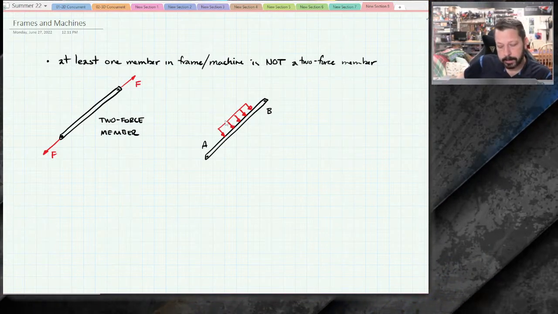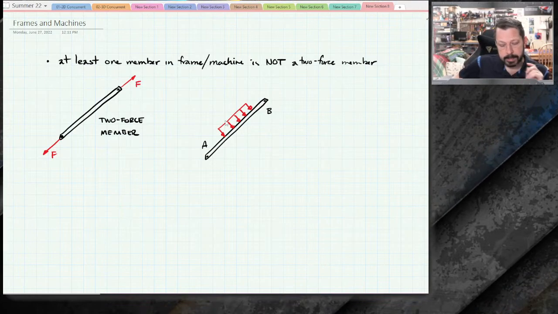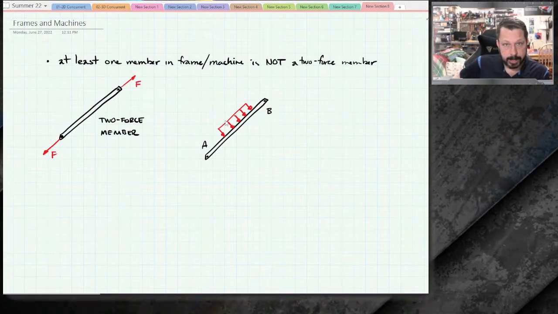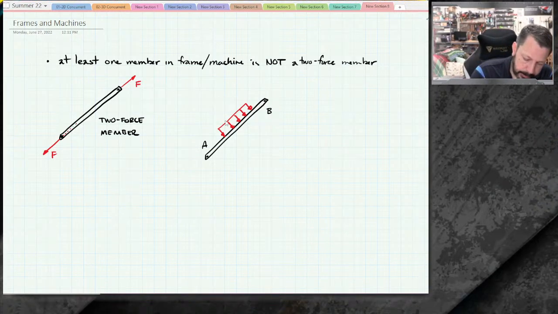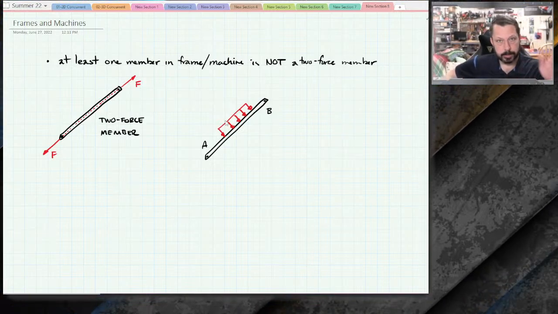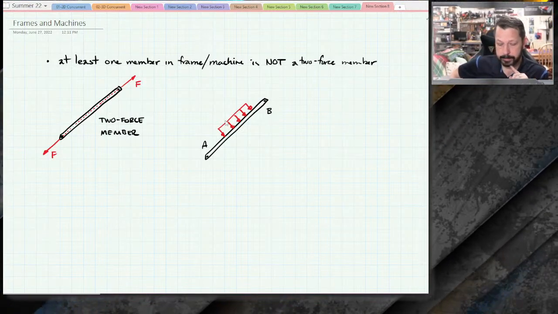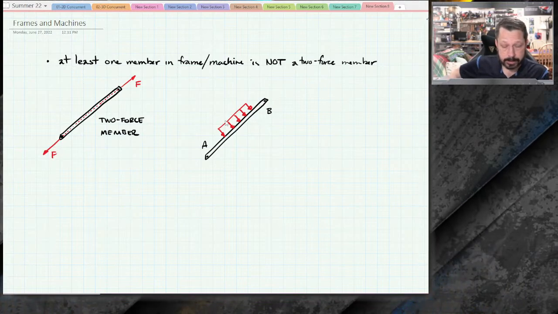Now when I get to A and B, instead of doing what I did before with drawing just F at some angle, remember that you connect the dots between the pins for that member, and that determines the line of action for those forces, F. But that's not true when it's not a two-force member.